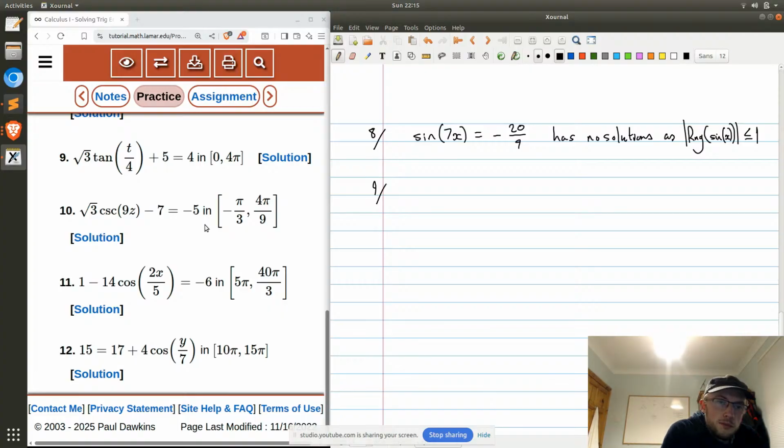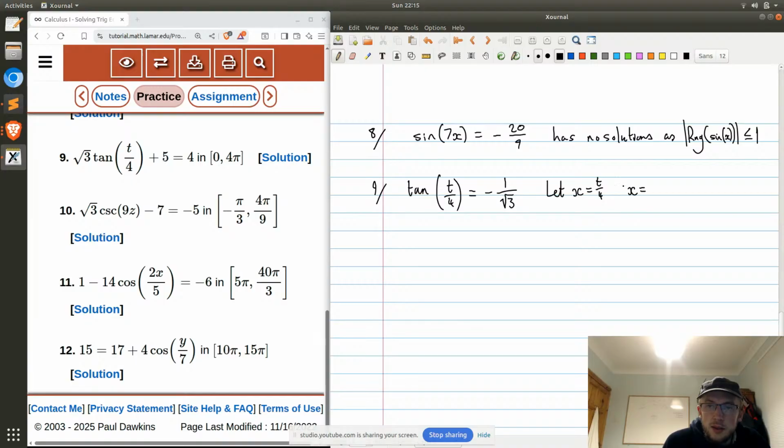Okay. Take away 5 and then divide by 3. So negative 1 over root 3. Negative 1 over root 3. So this is tan of t over 4 equals negative 1 over root 3. In that interval right there, so let x equal t over 4.